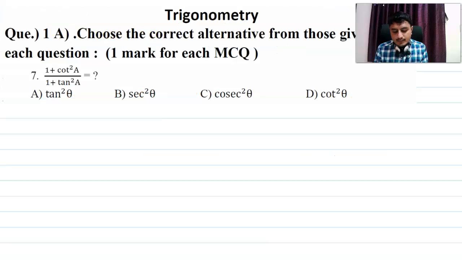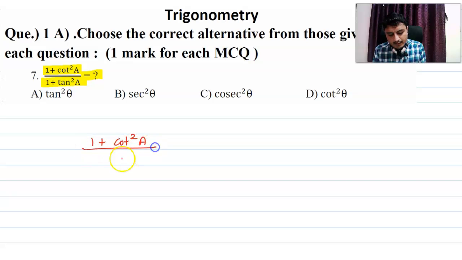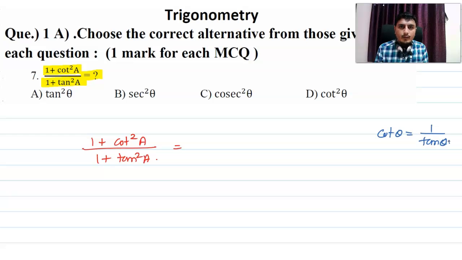Look at the seventh MCQ. 1 plus cot square of A divided by 1 plus tan square of A is equal to. So we have to evaluate the value of 1 plus cot square of A divided by 1 plus tan square of A. Here we well know cot of theta is the reciprocal of tan theta, that means cot theta we can write as 1 upon tan theta.